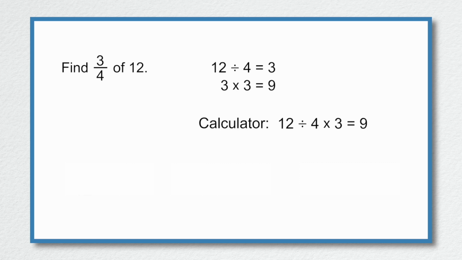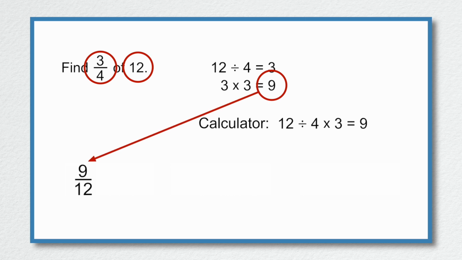Let's look at the relationship between the original amount, the answer, and the fraction we are using. Notice that if I write a fraction where the numerator is the answer, which in this case is 9, and the denominator is the number we originally started with, which is 12, we end up with a fraction 9/12.